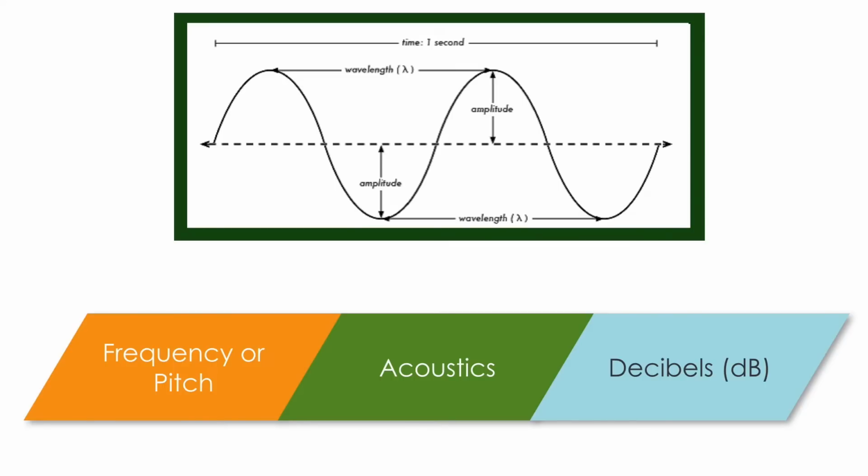Frequency is the number of times per second that a sound pressure wave repeats itself. Meaning that frequency represents how many waves of the sound there are in 1 second. Okay, so itu adalah frequency, in 1 second.